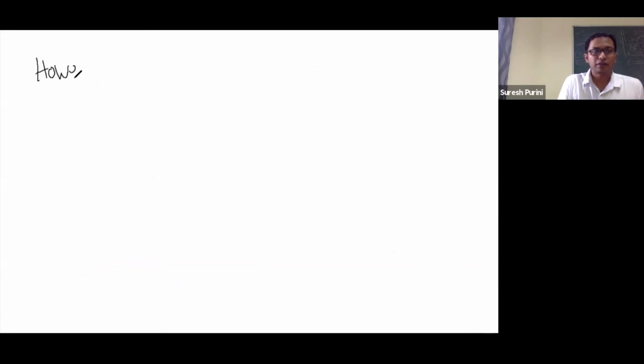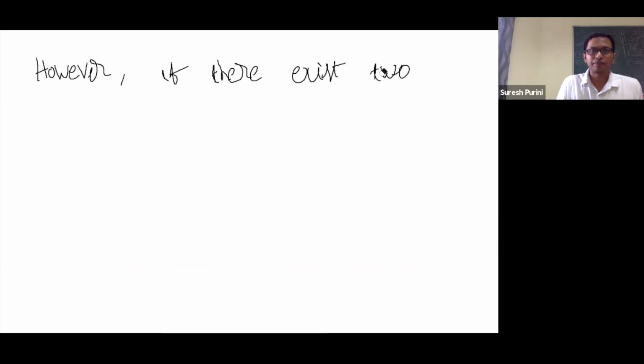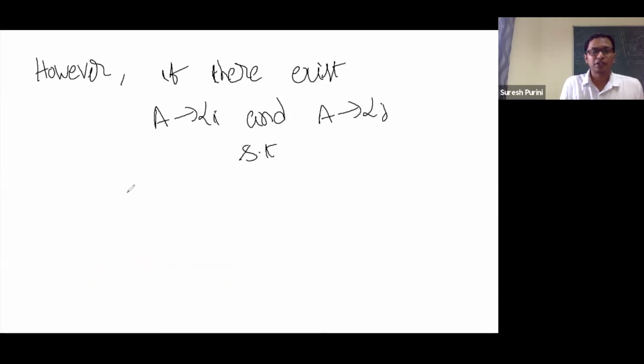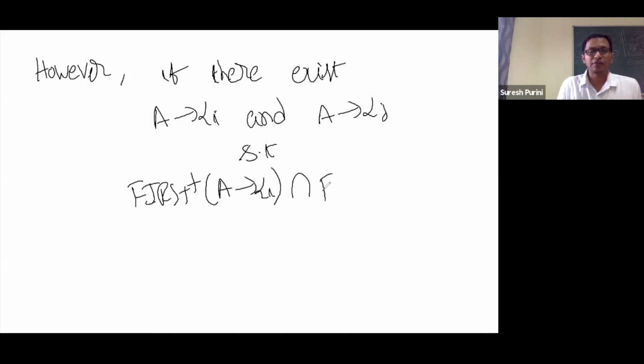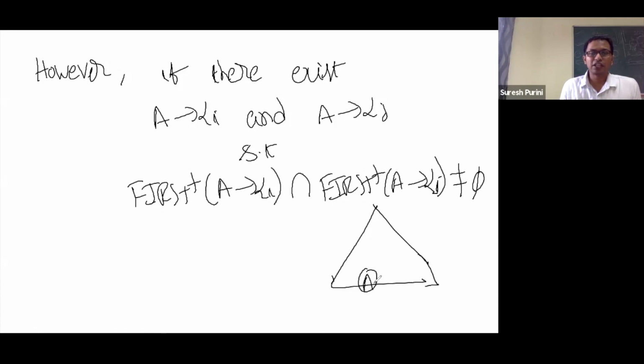However, if there exist two substitution rules, A goes to alpha I and A goes to alpha j, such that first plus of A goes to alpha I intersection first plus of A goes to alpha j is not equal to null, then during the derivation process we may encounter a terminal symbol that belongs to this intersection set.